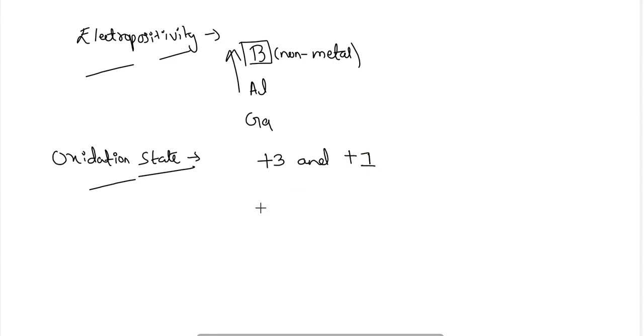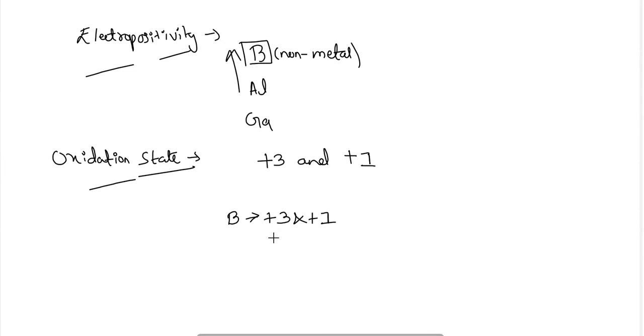Okay. Boron has a plus 3 oxidation state, and also in very rare conditions, boron can behave as a plus 1 element also. It can show the oxidation state of plus 1 also.